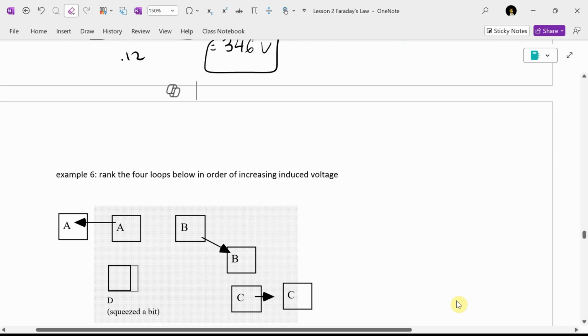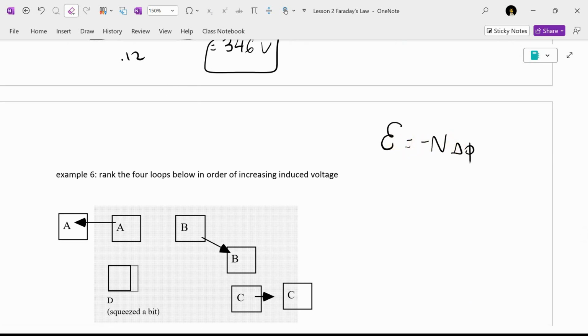On the next page, I should mention, so our equation, E equals negative N, change in flux over time. As far as I'm concerned, this thing contains 4 variables. I can give you any 3, you can find the 4th. I might give you the voltage, the change in flux, the time. How many coils of wire are needed? Or get the time by itself.